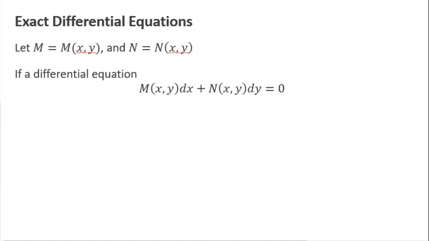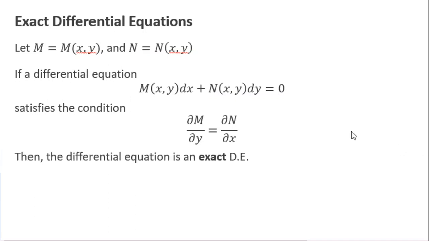So if a differential equation of this form, M dx plus N dy is equal to 0, satisfies the condition such that the partial derivative of M with respect to y is equal to the partial derivative of N with respect to x, then this differential equation is an exact differential equation. So I assume that you will recall your partial differentiation lesson from your differential calculus class.